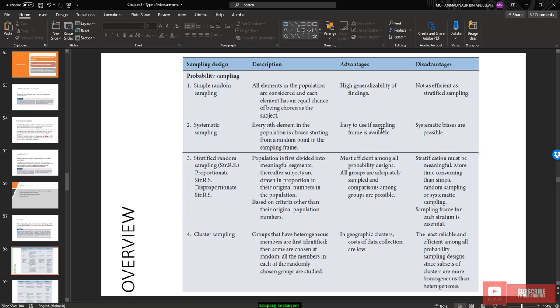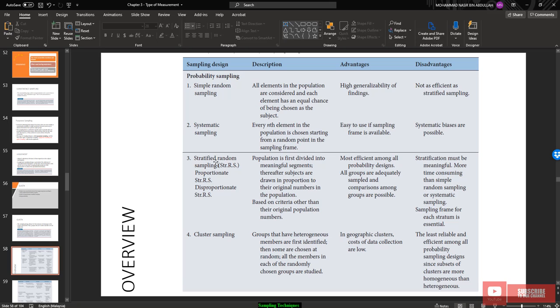Easy to use if the sampling frame is available, right? But if the sampling frame is not available, we also can conduct systematic sampling. It does not require a full sampling frame. Systematic sampling technique might be a biased sampling technique, because only the first element selected is randomized, and the subsequent elements are based on the nth element.